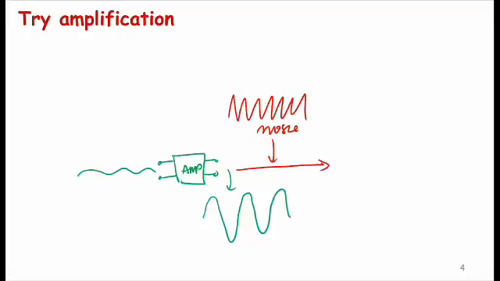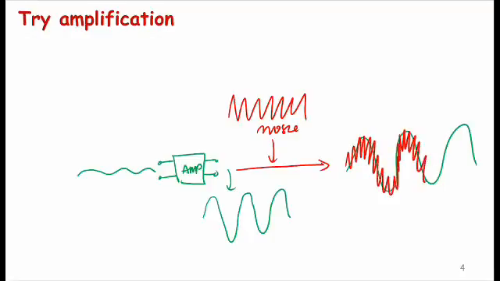Then when I look at the output, supposing I had no noise, then clearly I would have a nice signal that looked something like this. But now, supposing I've added noise, and this noise is going to be superimposed on my output signal. In this case, I would get something that looked like this. I should be a little careful here so I don't get non-causal values that tend to go backwards.